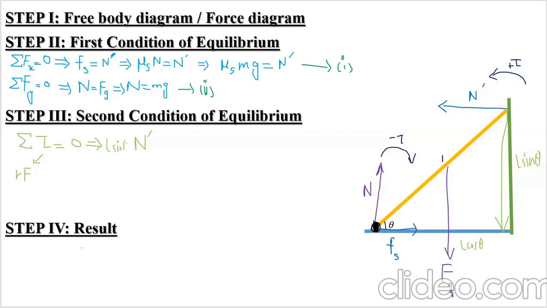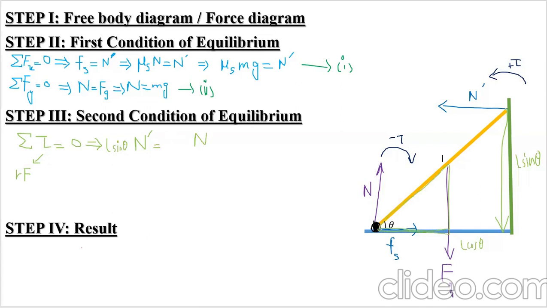Is equal to, now we will write the expression for clockwise torque. As this force n is responsible for producing the clockwise torque, what will be the moment arm in this case? That would be perpendicular to this n. Here we will consider this small triangle for clockwise torque.